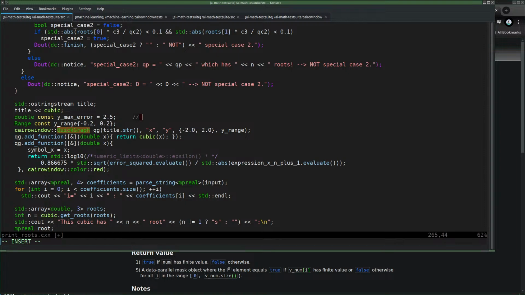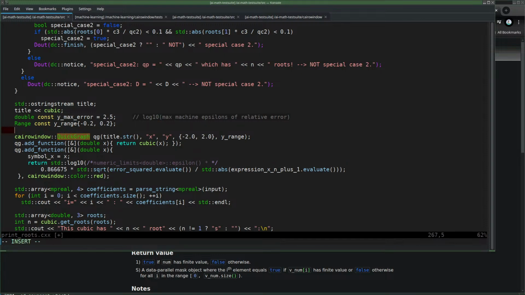Yeah, so this is the log 10 of the maximum number of machine epsilons, the absolute max machine epsilons relative error. Which then means that I get my scale factor here. Scale, random name.